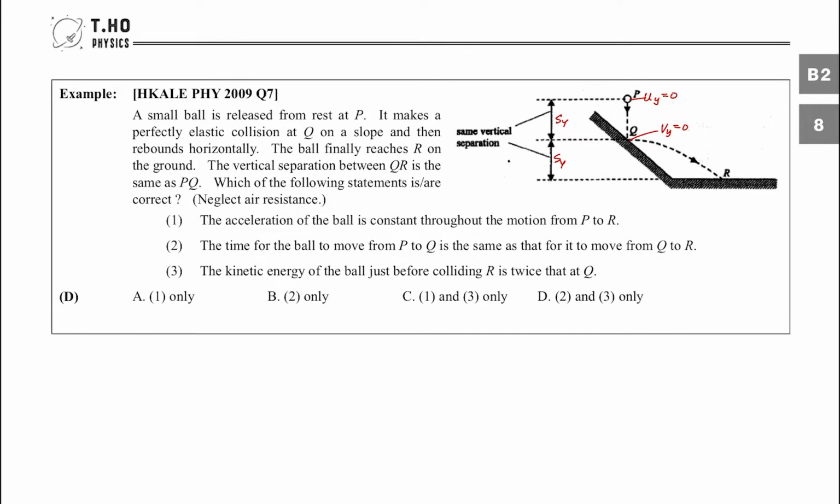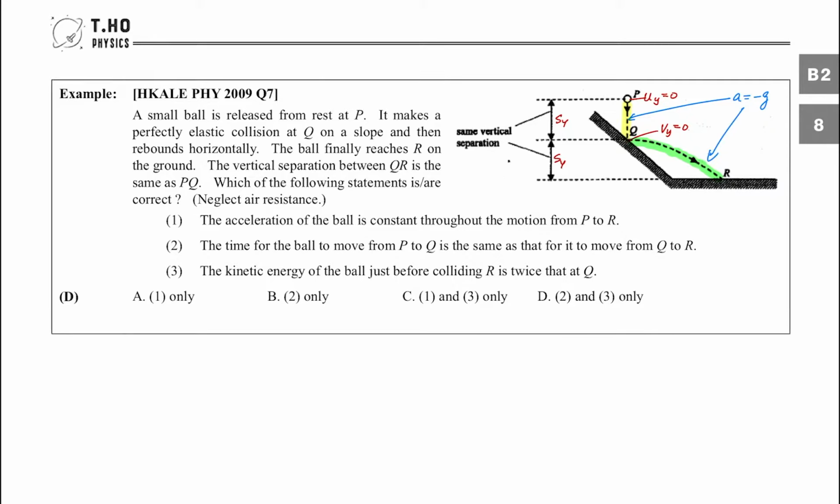Firstly, the acceleration of the ball is constant throughout the motion from P to R. Now we know that throughout the yellow part of the motion, the acceleration is equal to negative g. Also, in the green section of the motion, the acceleration is also equal to negative g because it is acted on only by gravity.